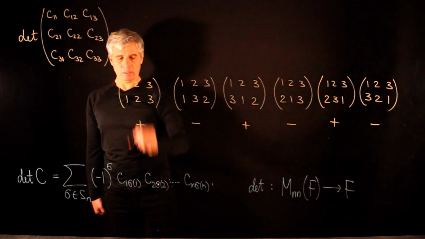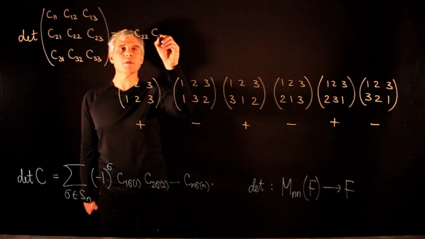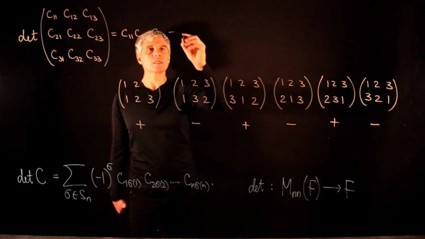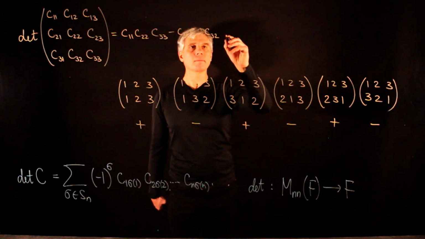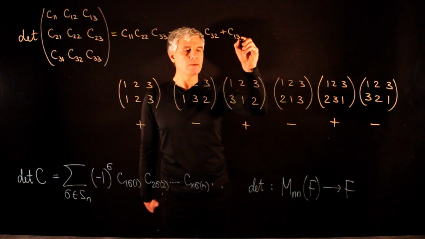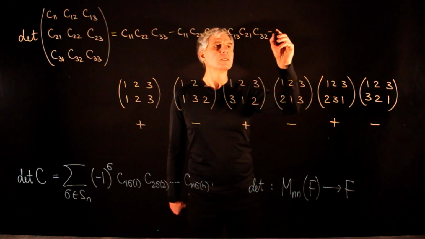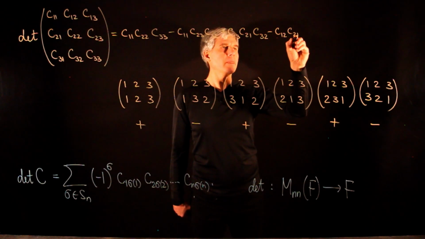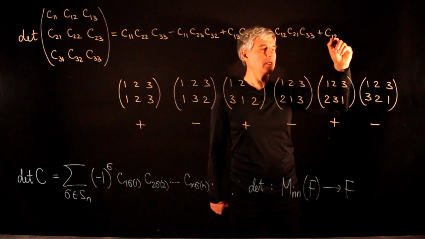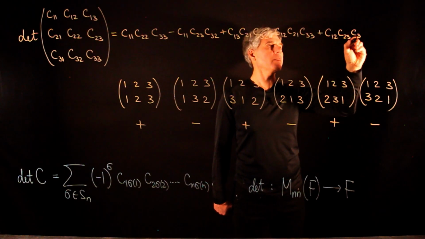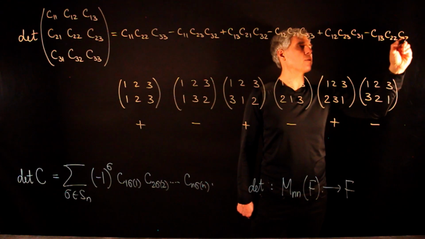And so this formula gives us the following. So we have C11, C22, C33 minus C11, C23, C32 plus C13, C21, C32 minus C12, C21, C33 plus C12, C23, C31 and minus C13, C22, C31.